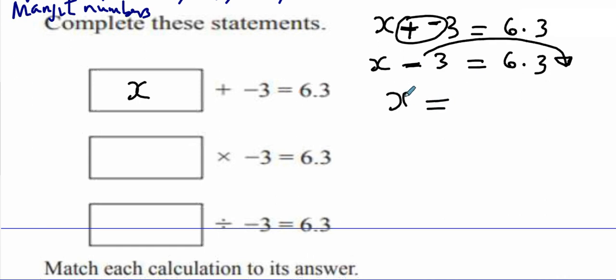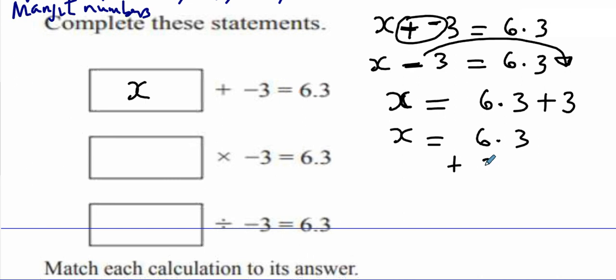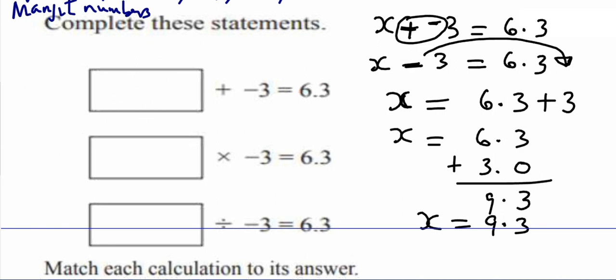So x equals 6.3, and when this -3 goes to the other side, it becomes plus 3. So x equals 6.3 plus 3.0. Add that, you get 9.3. So x equals 9.3. So the missing number here is 9.3.